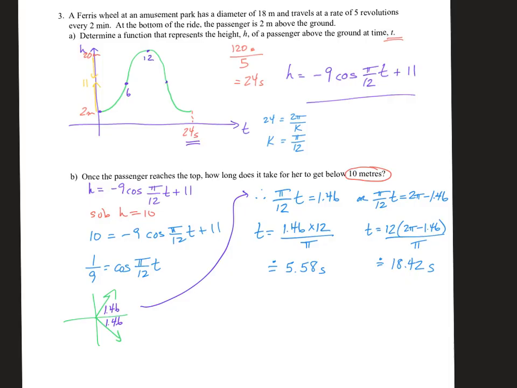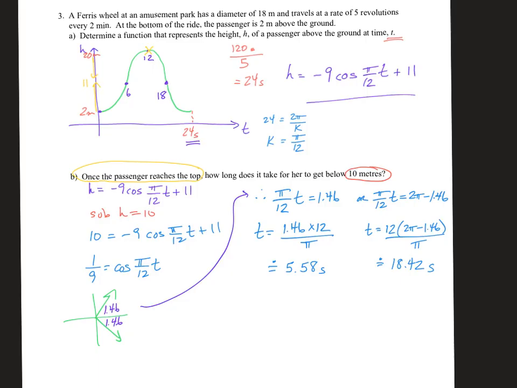The top to the middle will take another 6 seconds, and then we get to the bottom. So when this question says, once the passenger reaches the top, that means that I've got to go to the top. Now the question says, how long does it take for her to get below 10?